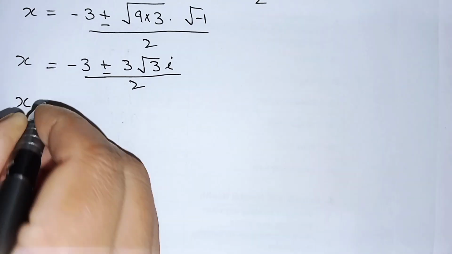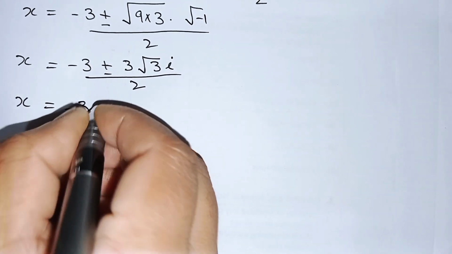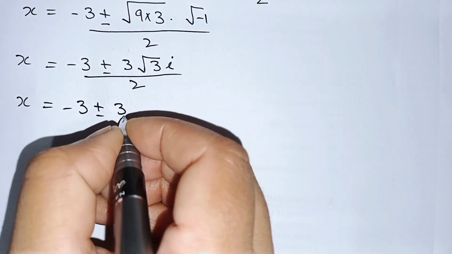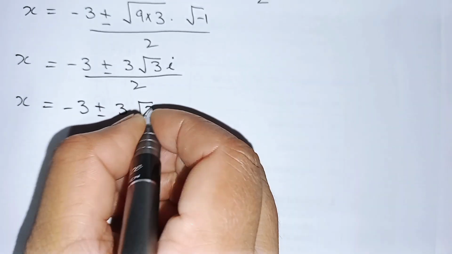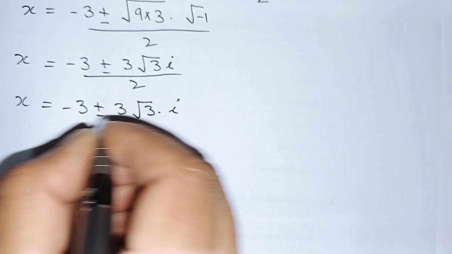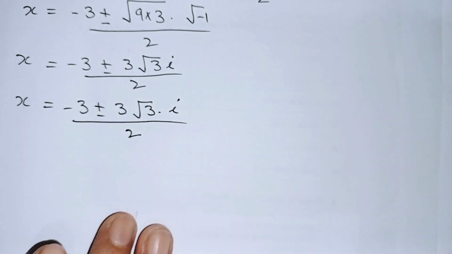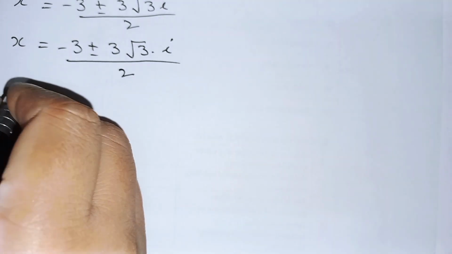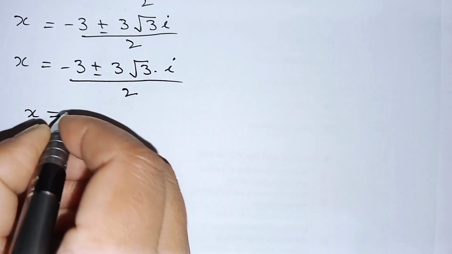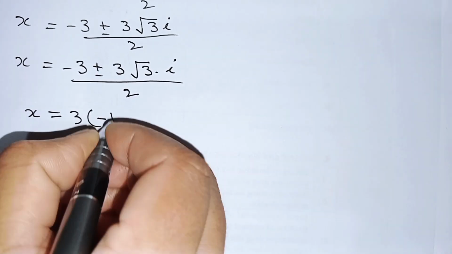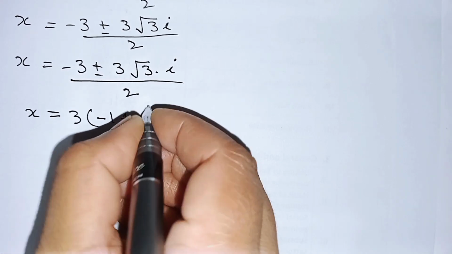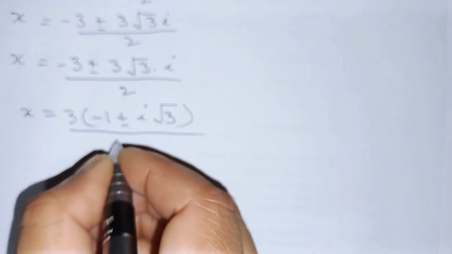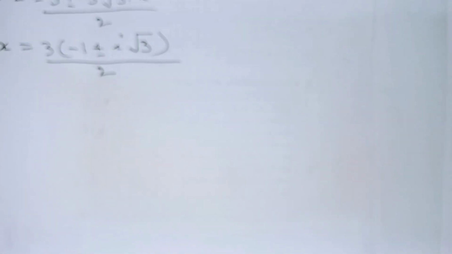So x is equal to minus 3 plus minus 3 square root 3 times i over 2, and now x is equal to minus 3 plus minus i square root 3, over 2.